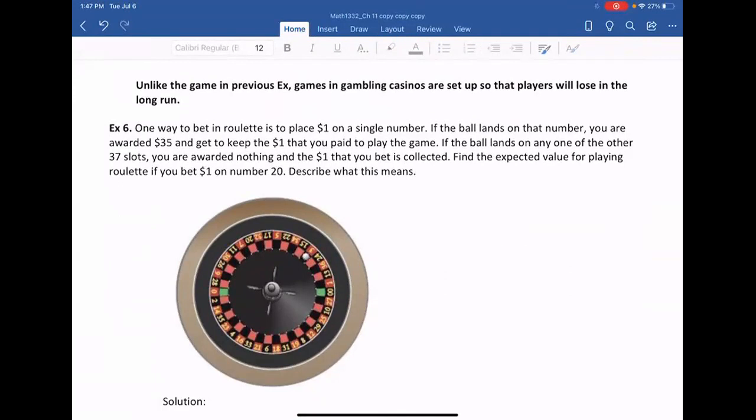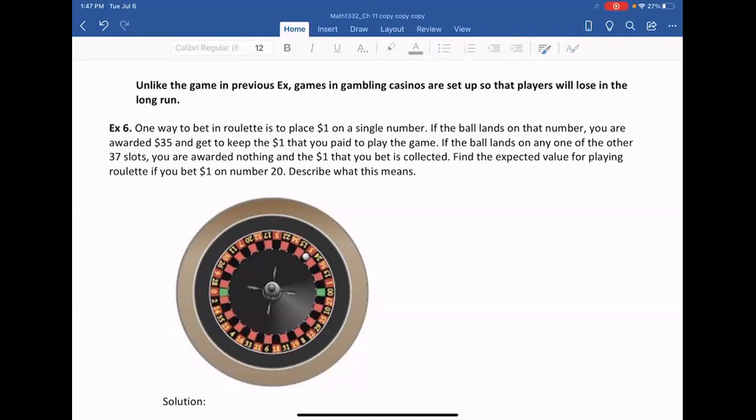If the ball lands on that number, you are awarded $35 and get to keep the $1 that you paid to play the game. If the ball lands on any one of the other 37 slots, you are awarded nothing, and the $1 that you bet is collected. Find the expected value for playing roulette if you bet $1 on number 20.